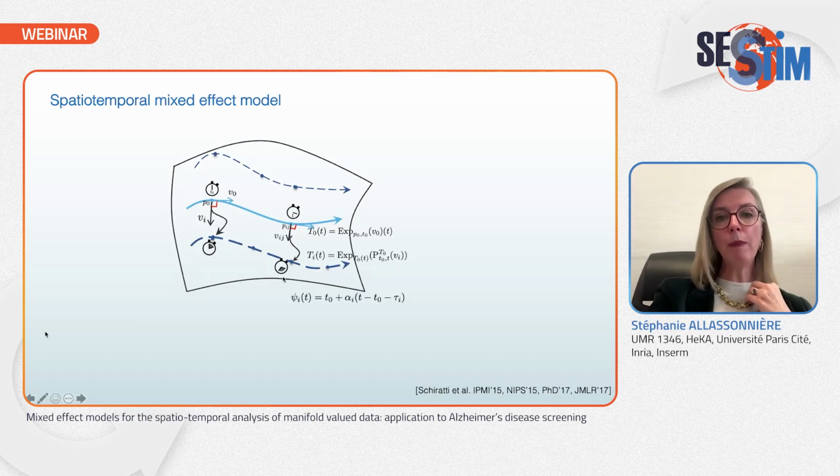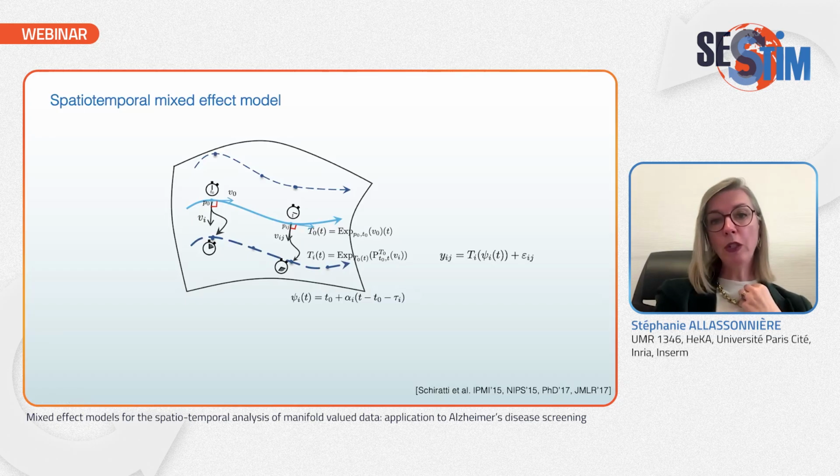So we need to reparameterize in time this curve so that, if you think about this, the average speed being 1 and the T0 being that point, then each patient has a specific speed and a specific time shift that characterize the way this person is moving on this particular curve.